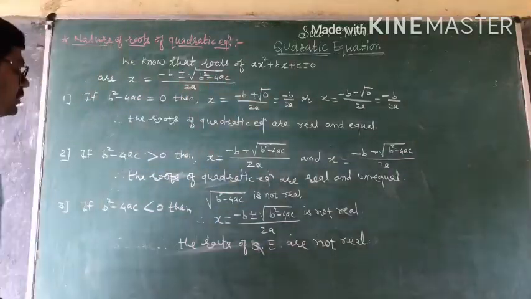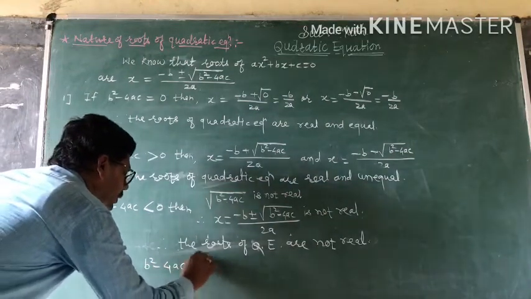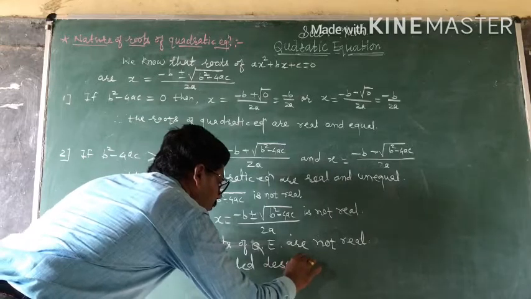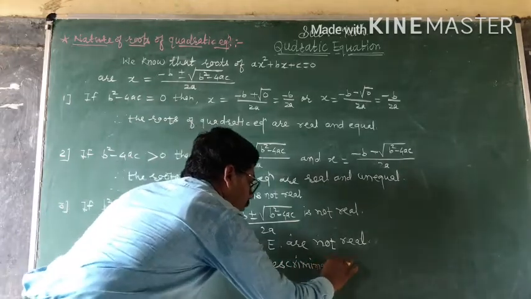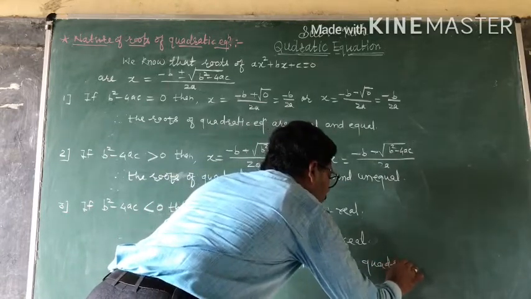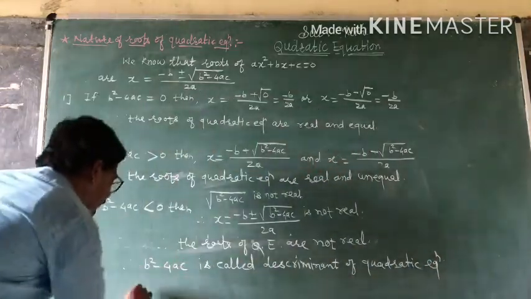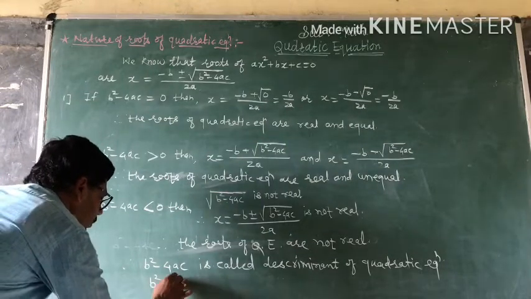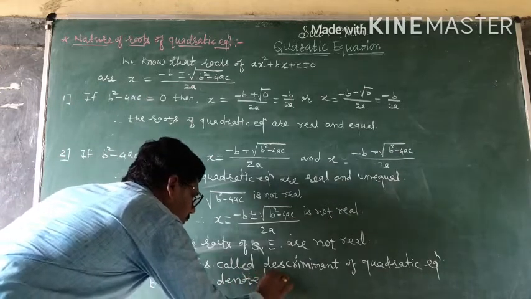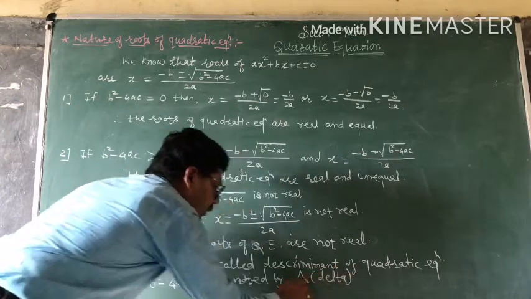This value is called the discriminant. b² - 4ac is called the discriminant of the quadratic equation, and it is denoted by delta, that is the symbol for delta.